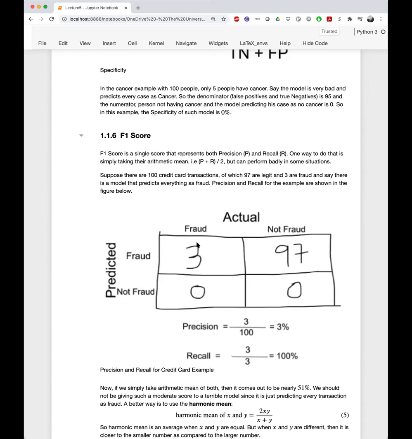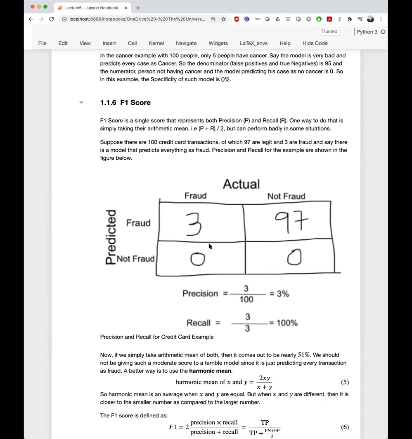In this case, true positive is 3. This is a false positive, it's 97. It's predicted as fraud, but it's actually not fraud, so it's a false positive. In this case, we can compute the precision: 3 over the sum of the first row, so that's 3%. Recall is 3 over the sum of the first column, that's 100%.